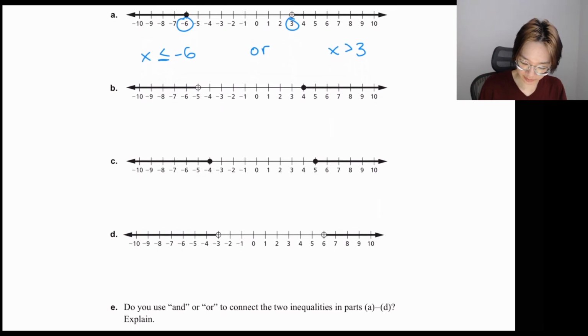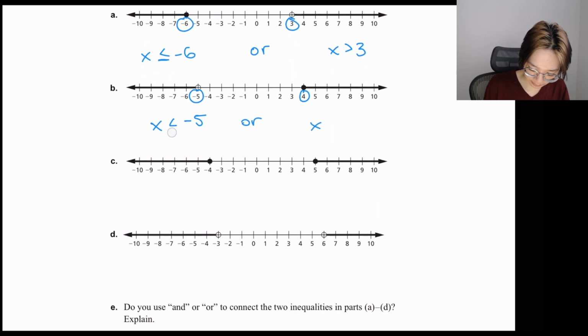But for these next ones, we have negative 5, we have 4. So the first one's going to be all numbers. So x is less than negative 5, or x is, there's no equal to there, greater than or equal to 4. Same steps for the next ones.